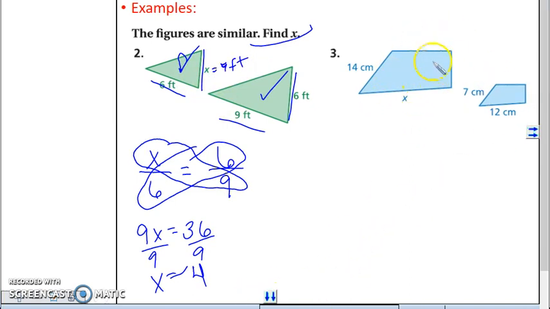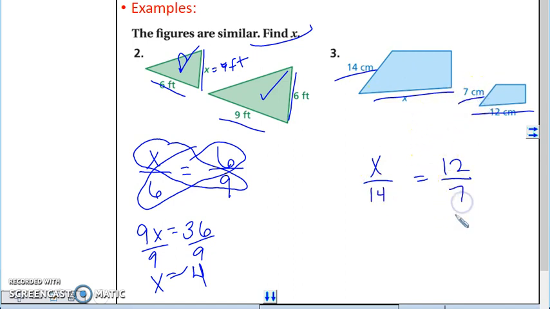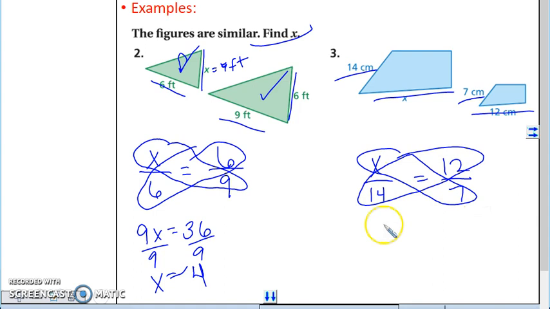Setting up the proportion, we'll get x over what corresponds with x, 12, equals 14 over the corresponding side, 7, same shape. Alright, cross product property. x times 7 is 7x. 14 times 12 is 168.